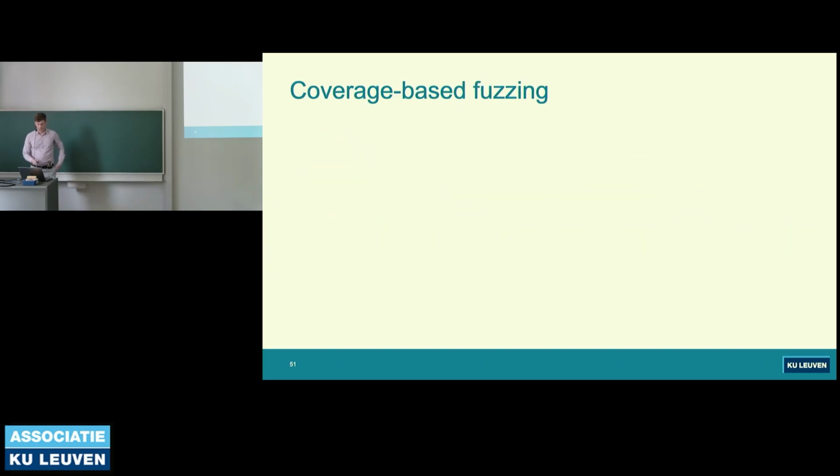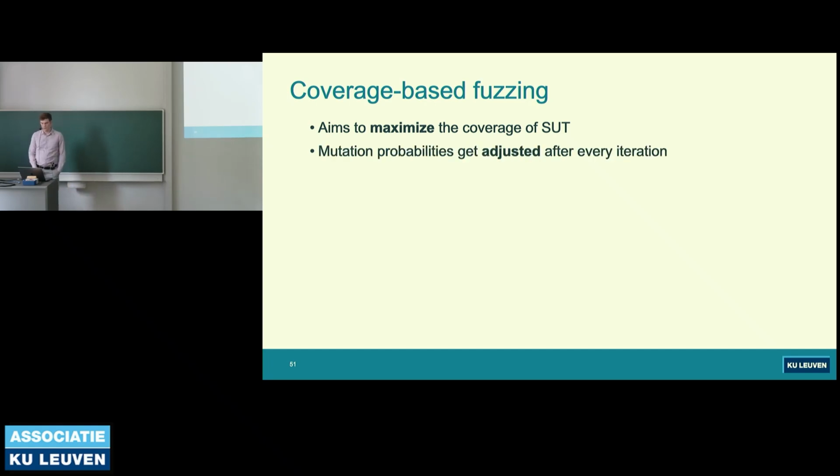And then the second fuzzer is called the coverage-based fuzzer, which is kind of the main point of the work. It aims to maximize the coverage of the system under test. How does it do that? It dynamically adjusts the probabilities after every iteration.